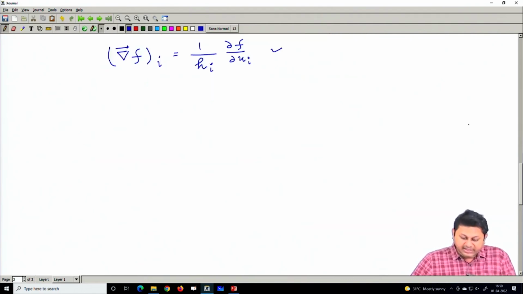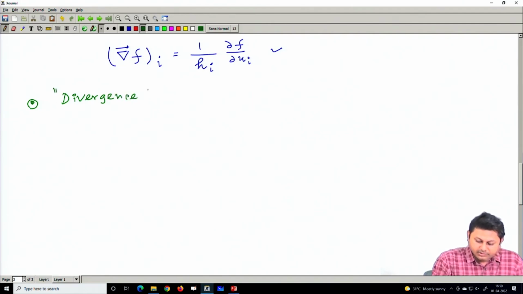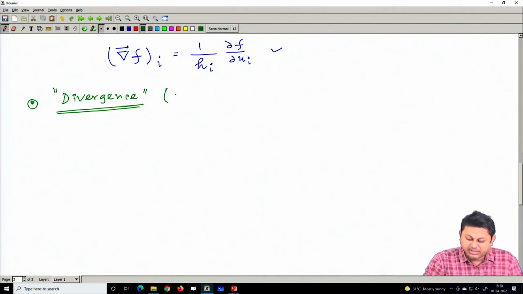Today we will extend this and calculate the expression of divergence. How one can express divergence in this curvilinear system.